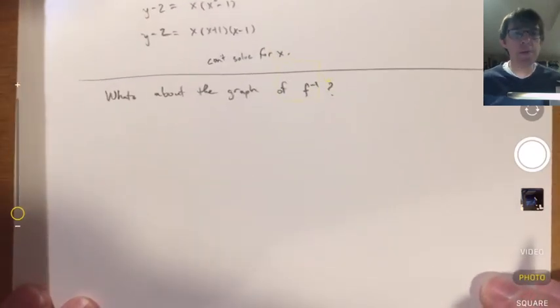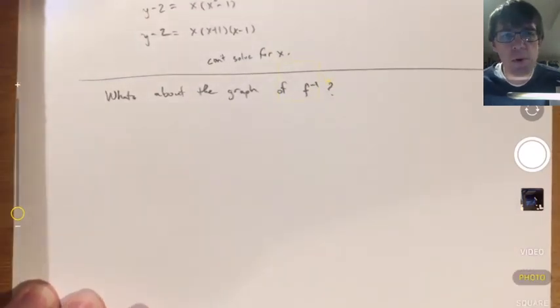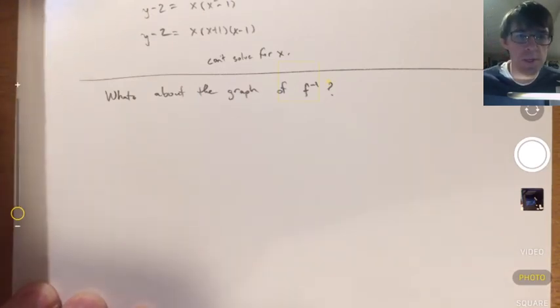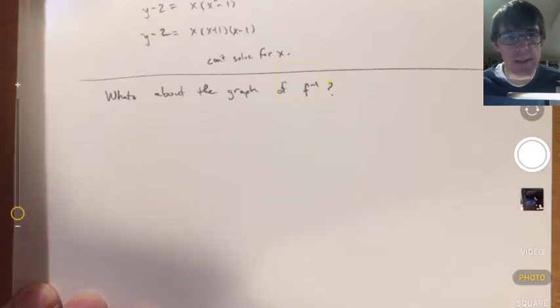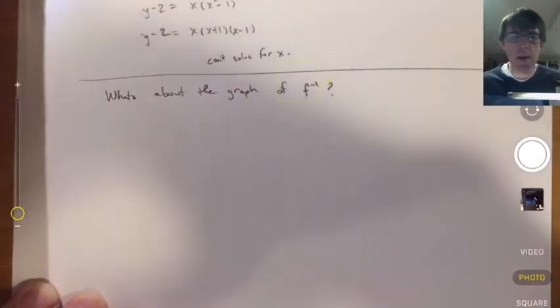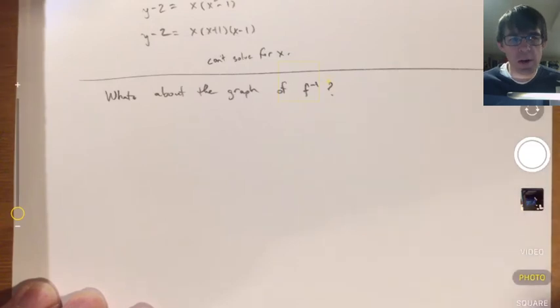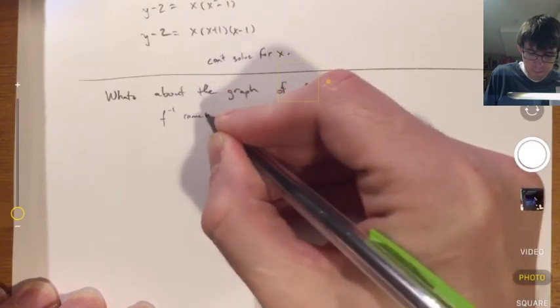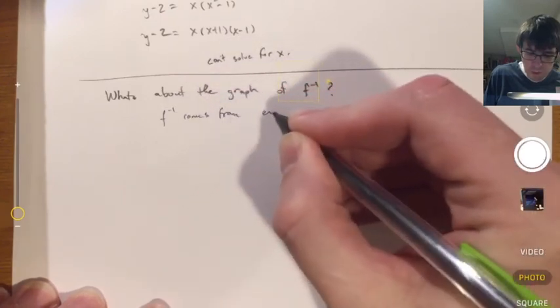Okay, what about the graph of the inverse? Remember, the process for finding the inverse involves starting with a function written in terms of x, and then changing it around to be the same function but written in terms of y instead of x, right? That's why you solve for x instead of y. So the whole idea of finding the inverse from that point of view is that f inverse comes from exchanging the roles of x and y.